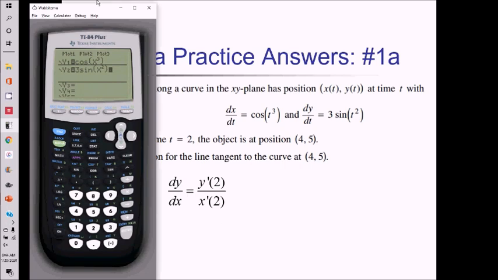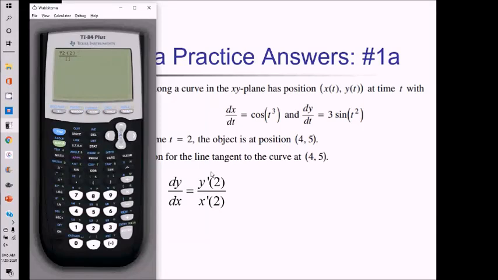To make things go a little more smoothly, I'm going to go ahead and put dx over dt, x prime, as my y1, and y prime as my y2 on the calculator. Let me quit out to the main screen. Fancy fraction. Let me do y prime of 2, so that's going to be alpha trace y2 here, plugging 2 into that.